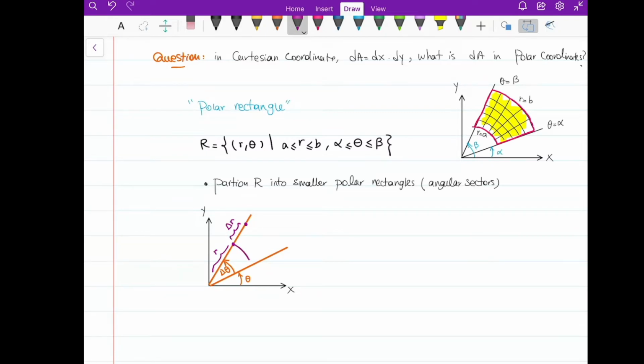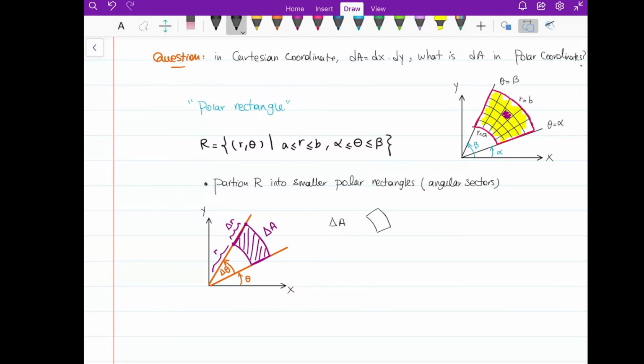So I basically just zoom in into one of the angular sectors, and I'm considering this one as my delta A, just one of the angular sectors I zoomed in here. So look at delta A.